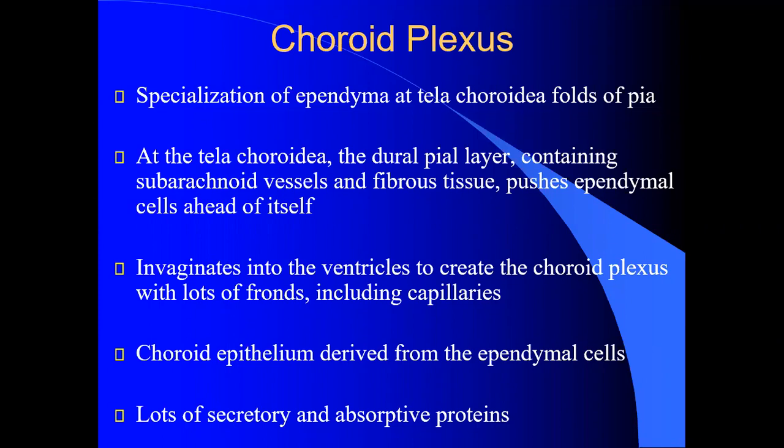And now they're going to push their way all the way through the entire brain parenchyma until they contact the epithelium of the epithelial lining, the ependyma, if you will, of the ventricle. And then what happens? So this is known as the tela choroidea. That is where the pial layer has migrated with the subarachnoid vessel all the way through the parenchyma of the brain until it's in contact with the other surface, the inner surface of the brain, which is the ependymal lining.